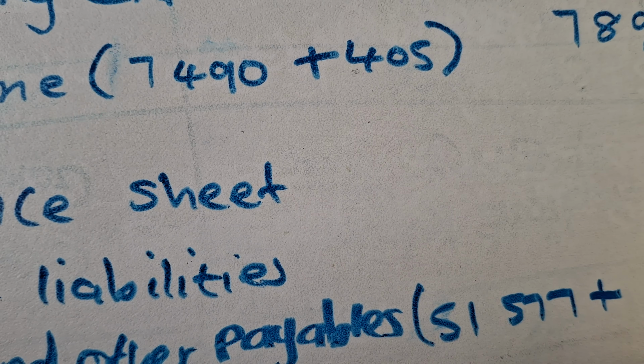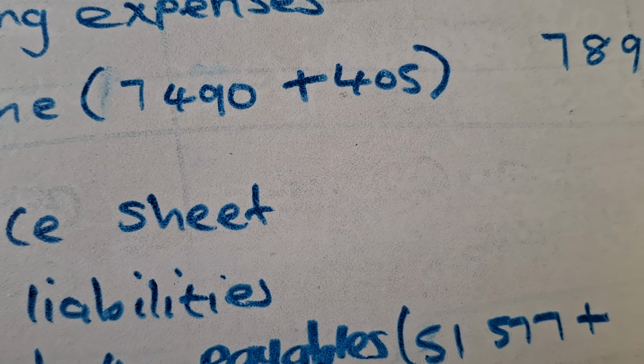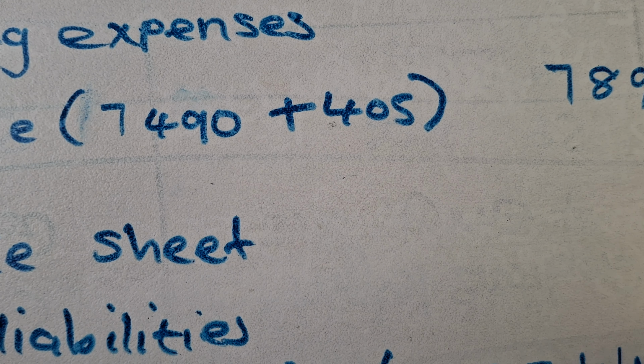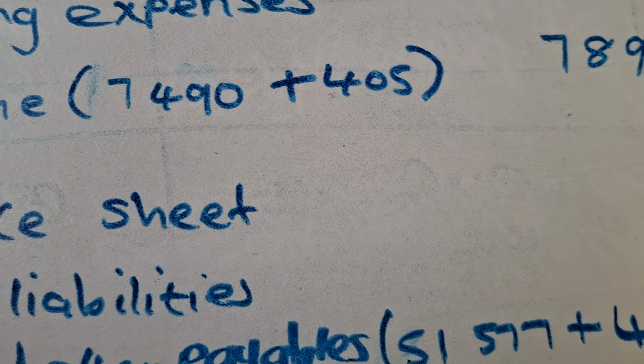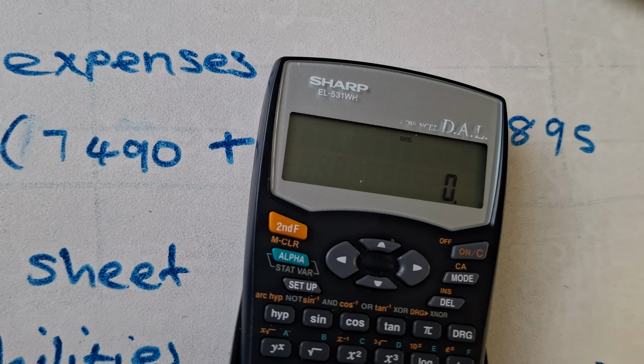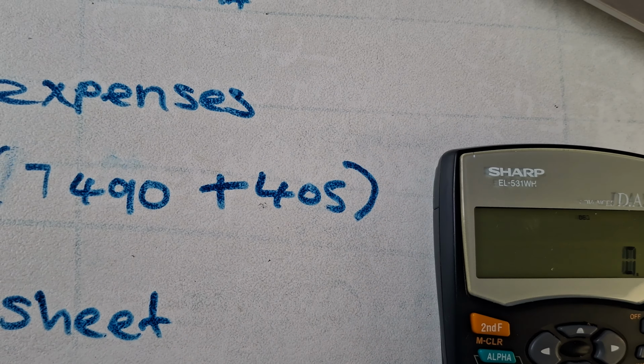Then we add, because we know that we still have a liability to pay for the 405 that we have not yet paid for the telephone. So that will increase our creditors. So we'll be owing more.